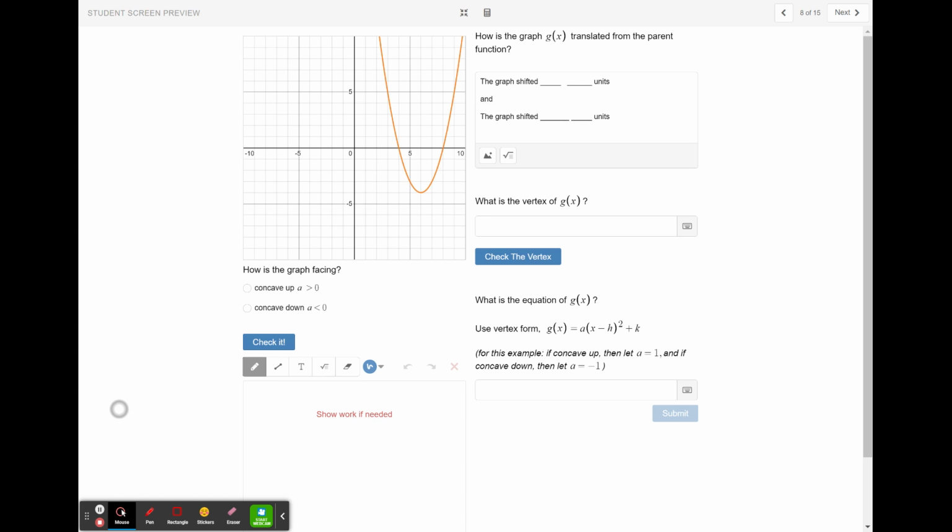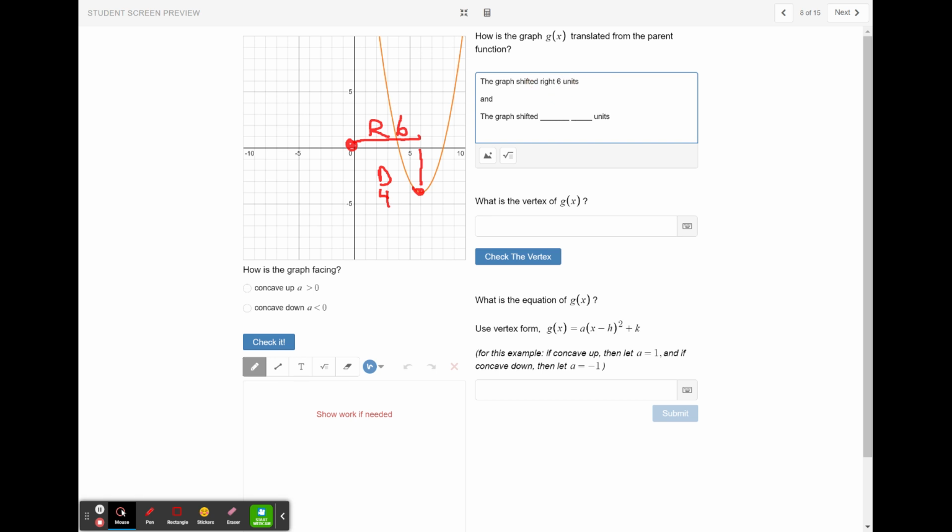Slide number 8. Remember, please start at the origin. Make it a destination. How many do I have to go right? I have to go right 6. That's a distance. How many down do I have to go? I have to go down 4. Remember, the directions mean something when we get into the ordered pair.